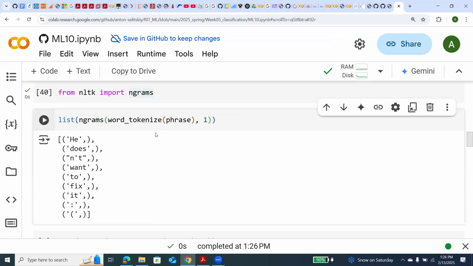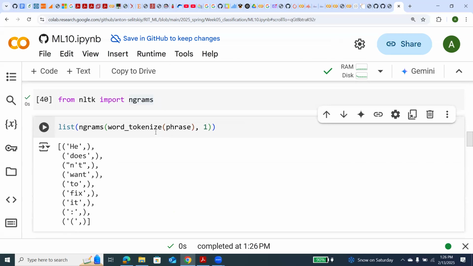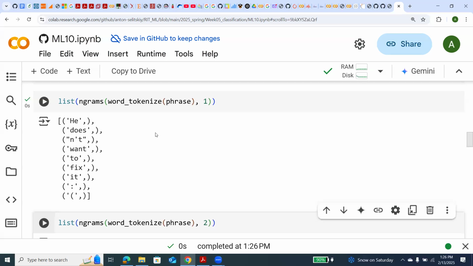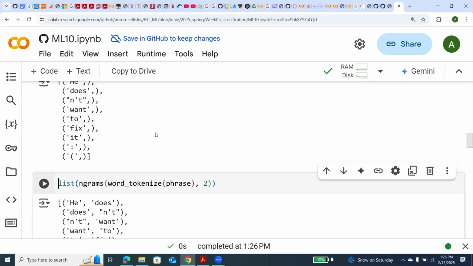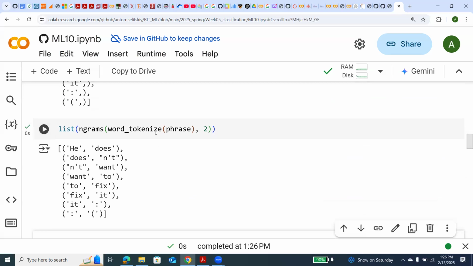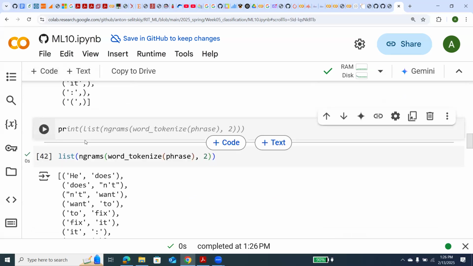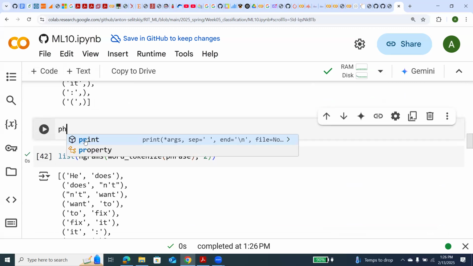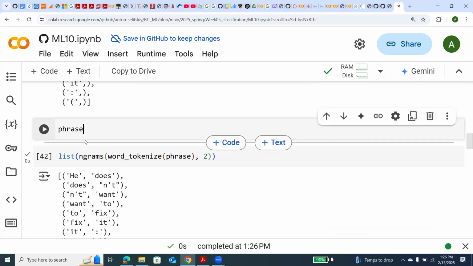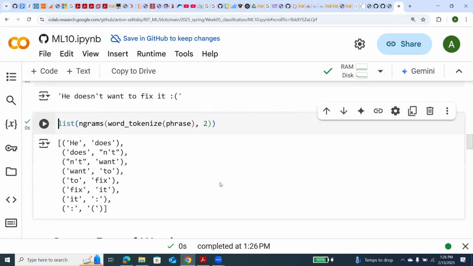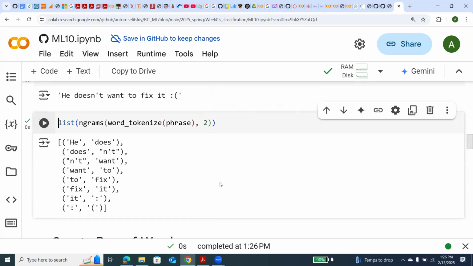Oh, and also we can tokenize by individual words, which is called unigrams. Or we can tokenize by pairs. So for example, my phrase was this one: He doesn't want to fix it.